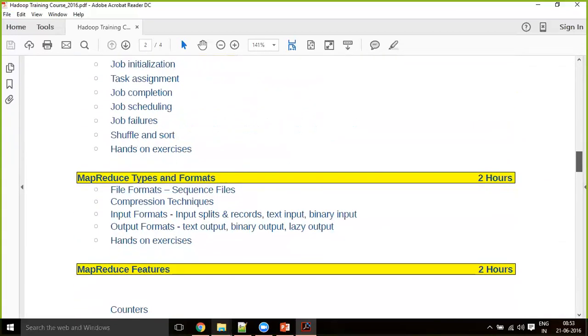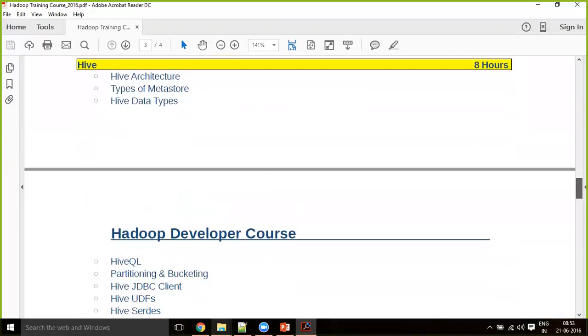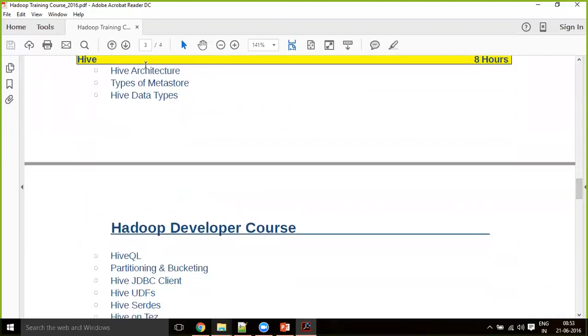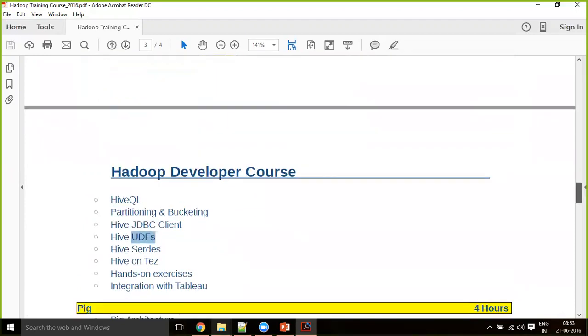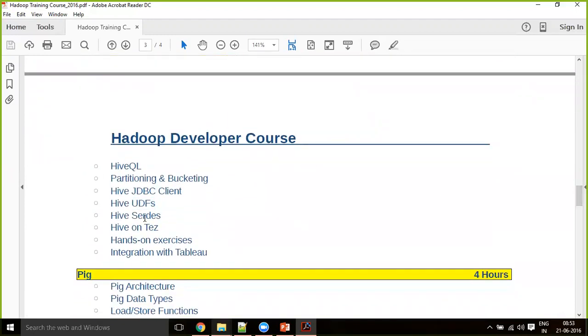In Hive, we'll see Hive architecture, types of metastores, Hive data types, Hive query language, partitioning and bucketing features, JDBC clients, how to write UDFs, and different types of services. Hive on Pig, I may not be able to show you.